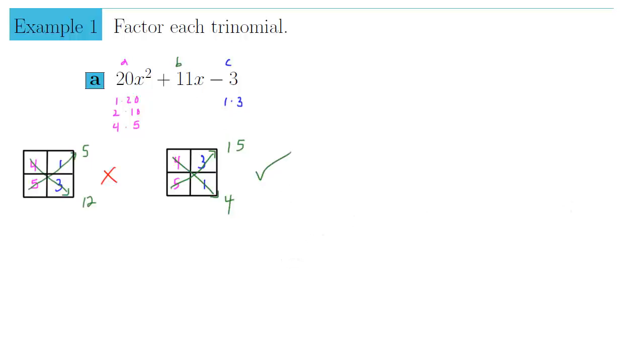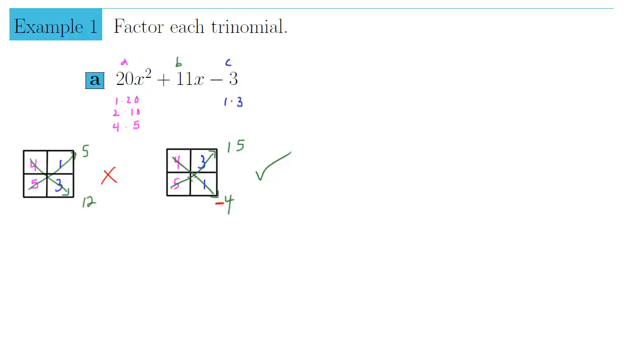But we have to fix up the signs. Okay, so after you find a good box, you have to go back and fix the signs, make sure everything works. Focus on this B value. In order to get positive 11 in the middle, we would need a negative 4. That's the only way these are going to add up to positive 11. Now work backward.